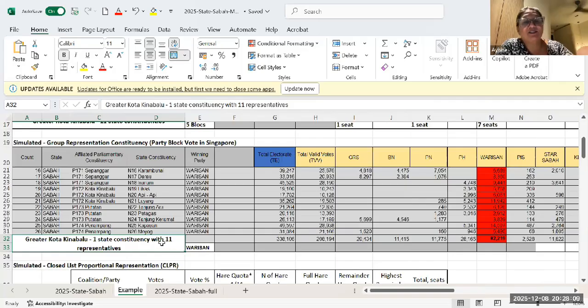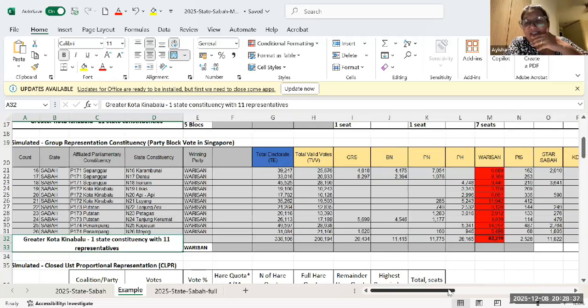This whole group is going to win, correct? No, all 11 constituencies now become one, but instead of voting one ADUN, they have 11 ADUN. Clear? So what we do is calculate all the votes for every party.